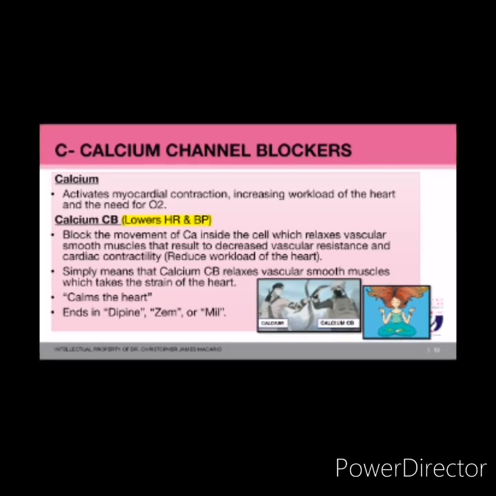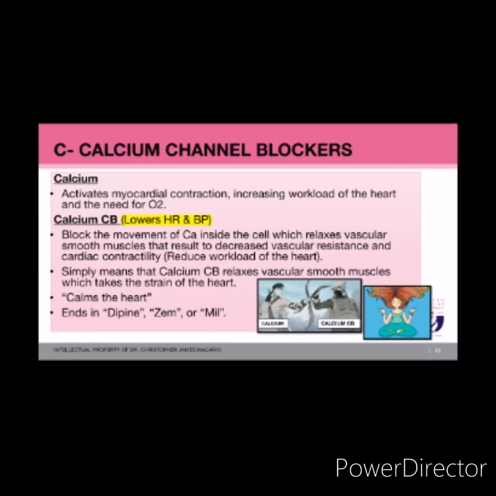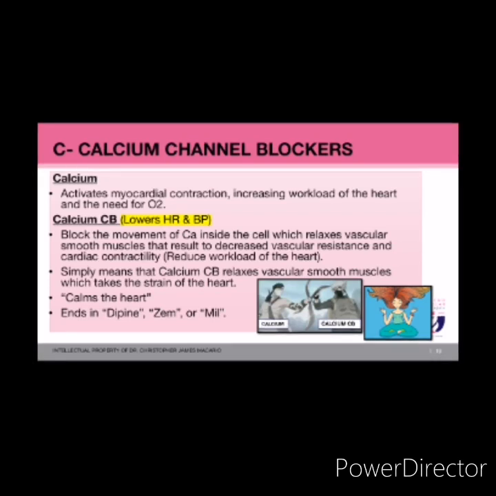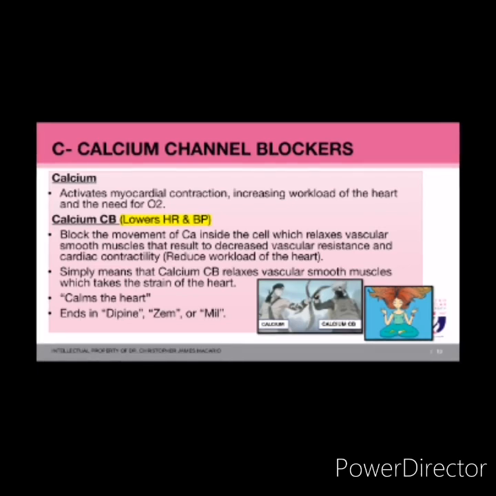It blocks the movement of calcium inside the cell, which relaxes vascular smooth muscles that result to decreased vascular resistance and cardiac contractility. With all that jabber, ang ibig lang sabihin yan is it reduces the workload of the heart, which is good kasi nga nare-relax yung heart.